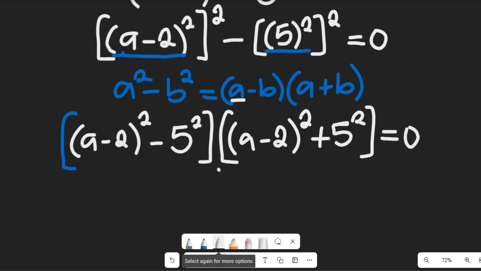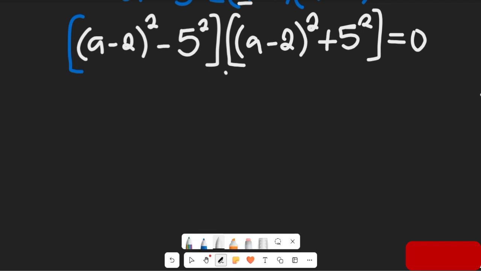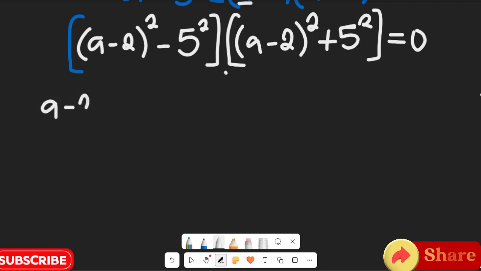Now this simply gives me something similar to what I call the zero product rule. Now if I separate these two expressions, I'm going to have two distinct expressions. The first expression gives me (A minus 2) all squared minus 5 squared equal to 0.